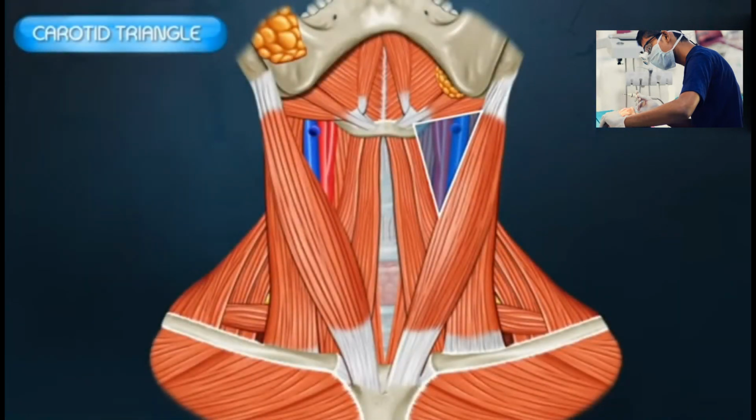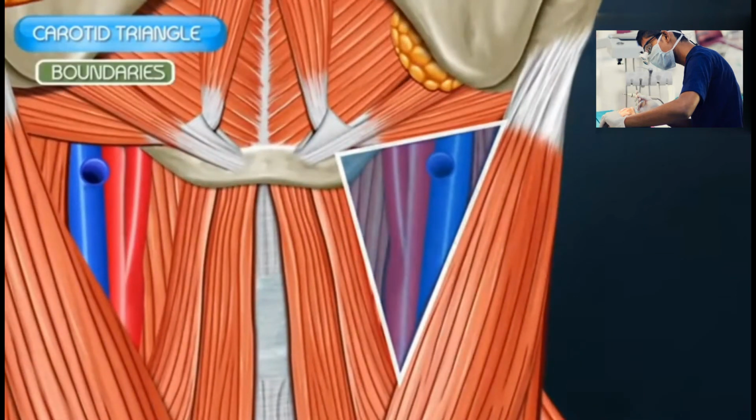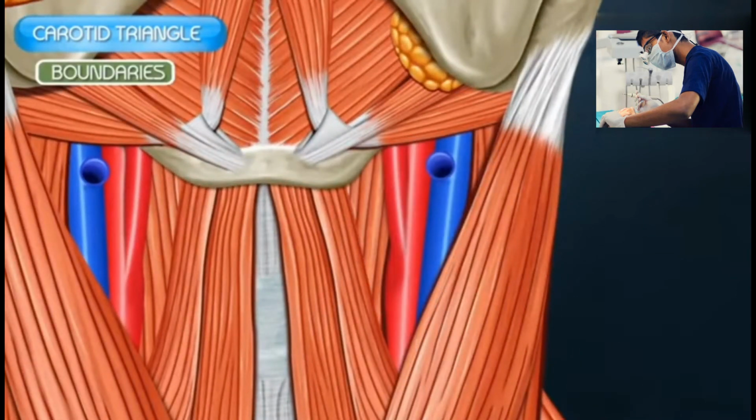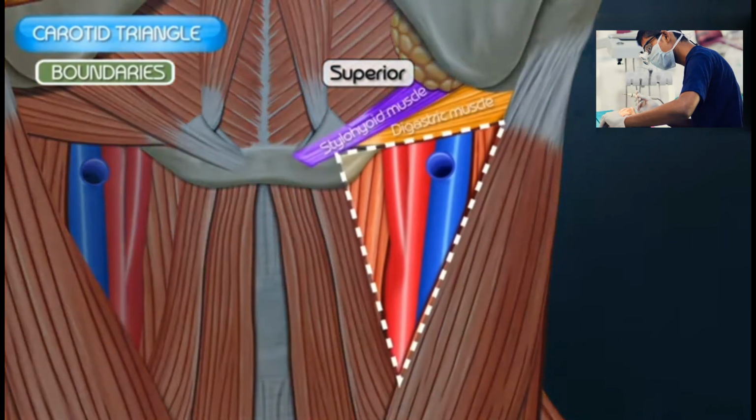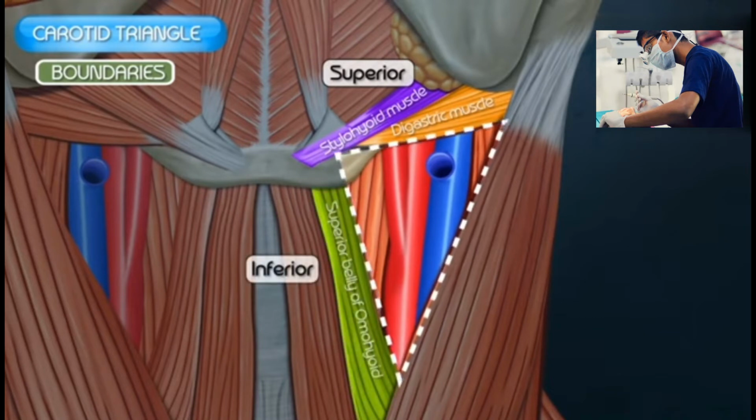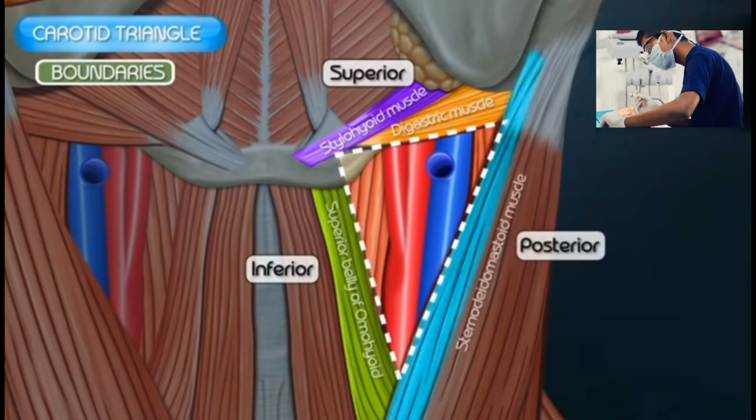Now we have completed two triangles and now let's move to the carotid triangle. Let's see the boundaries of the carotid triangle first. Its superior boundary is formed by the posterior belly of digastric and stylohyoid. Posterior boundary is formed by the sternocleidomastoid muscle and inferiorly by the superior belly of the omohyoid muscle.